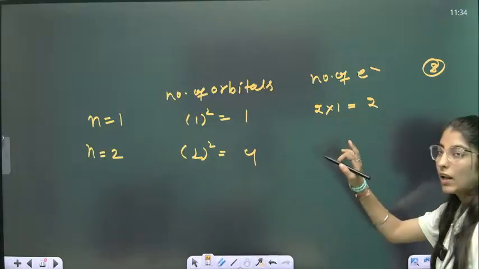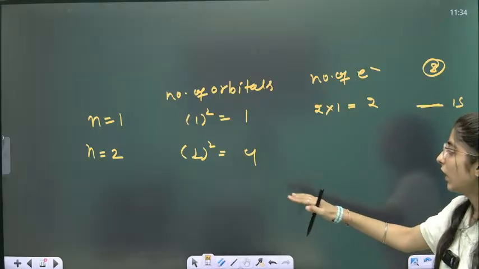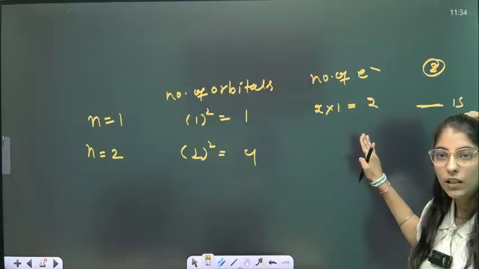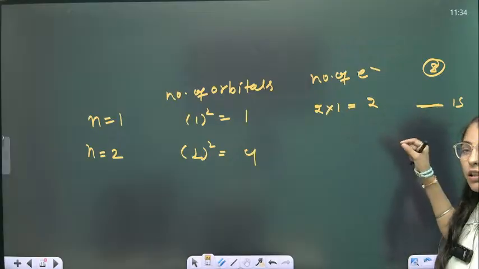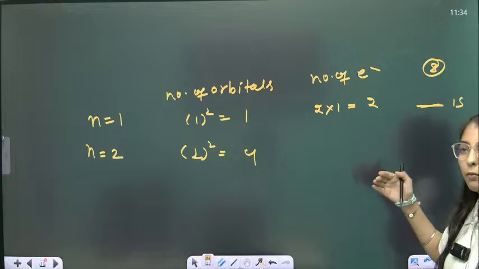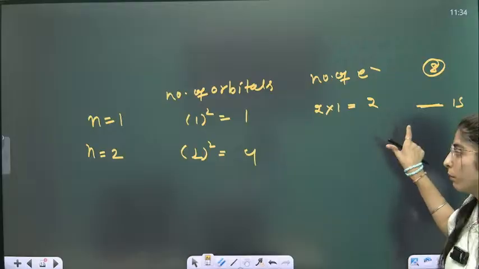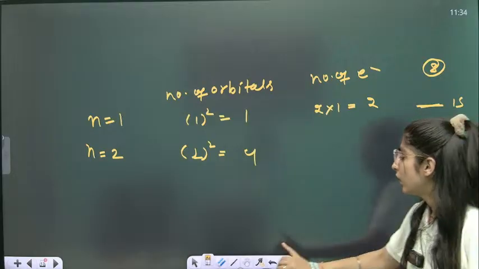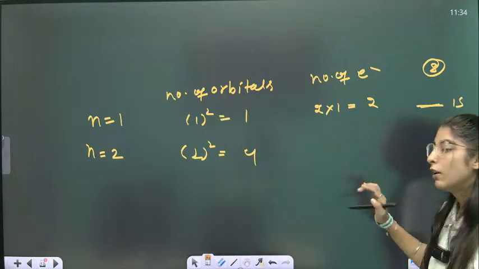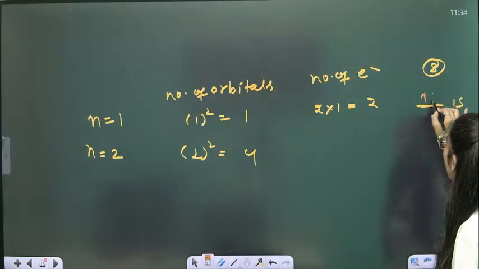This is going to be the s orbital, and here 1s will come. How we are going to fill this, in the next class I am going to tell you how we fill the electrons in a particular orbit. But here I am just giving you the brief idea that one orbital contains 2 electrons. So here 2 electrons will come.